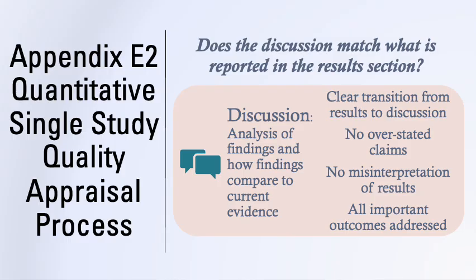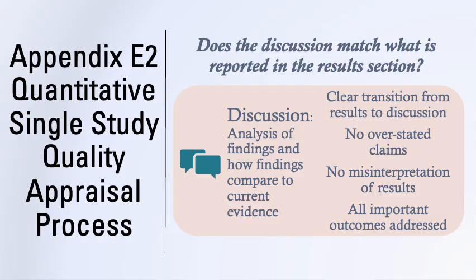Remember, the purpose of the discussion section is to provide an analysis of the findings and explain how the findings from the quantitative study compare to the current state of evidence. This appraisal question is focused on the analysis of findings part of the definition of discussion. When appraising if the discussion matches what is reported in the results section, you are looking for a clear transition and flow from the results to the discussion.